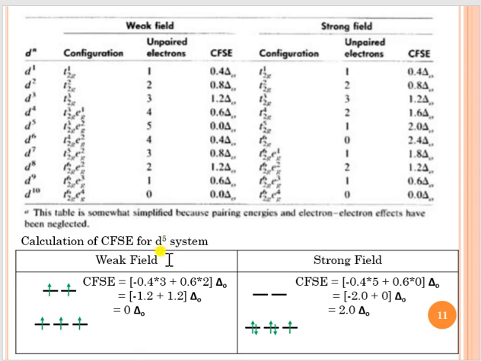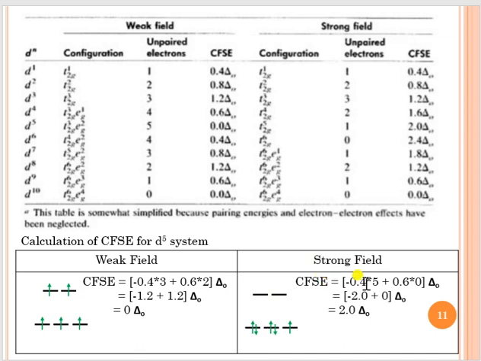Now in the weak field, these 5 electrons will first occupy t2g and then eg. Afterwards pairing will occur, so all 5 d orbitals are occupied. CFSE will be calculated as minus 0.4 into 3 because there are 3 electrons in t2g, plus 0.6 into 2 because 2 electrons are there in the eg orbital, and this will give us 0 delta O. In case of a strong field, pairing will occur first, so all the electrons will occupy the t2g orbital.